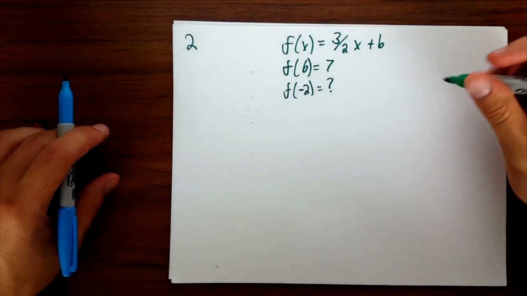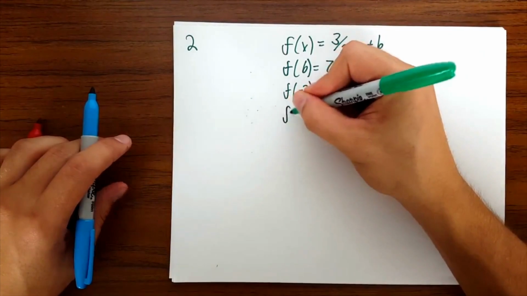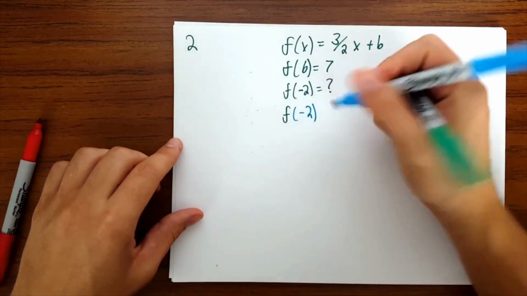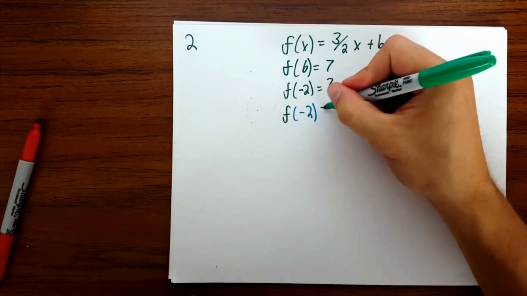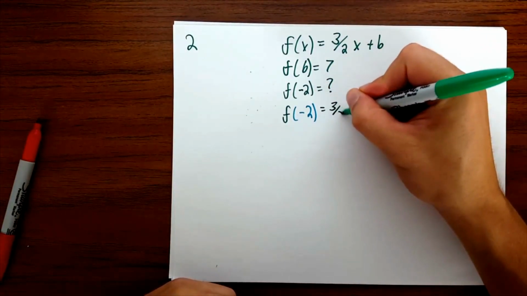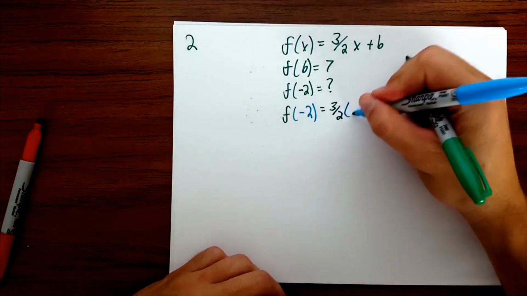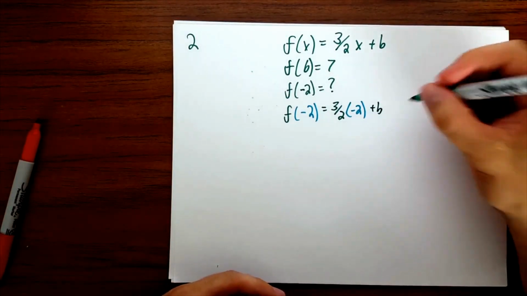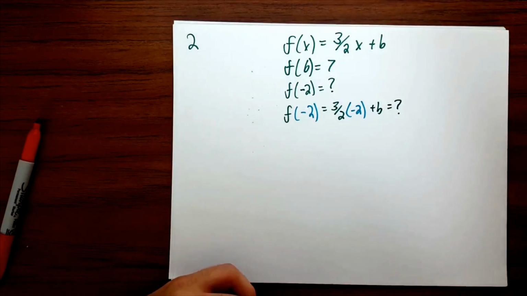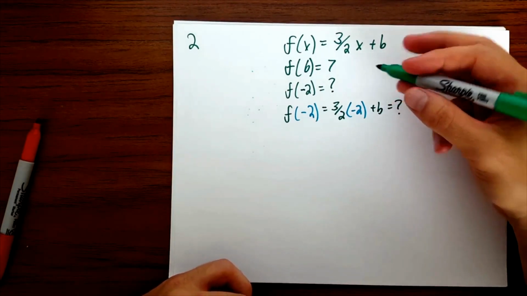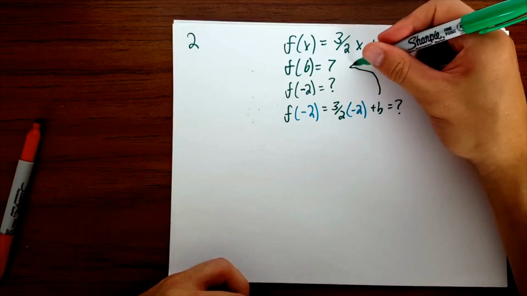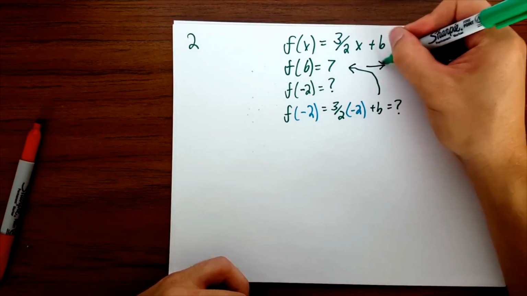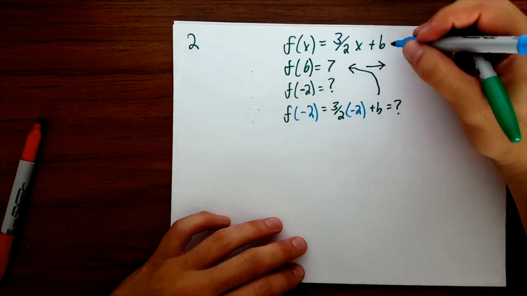So what you could do is say, all right, f of negative 2 is going to equal 3/2 times negative 2 plus b. You don't know that because you don't know what b is, but if you look up here, it says f of 6 equals 7. So you can use this to find what b is.